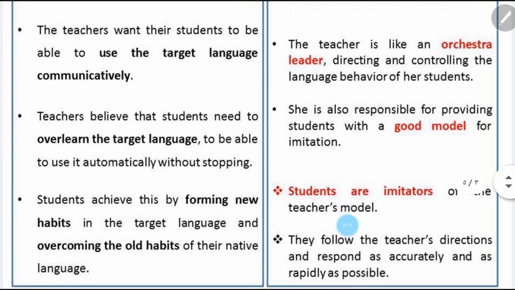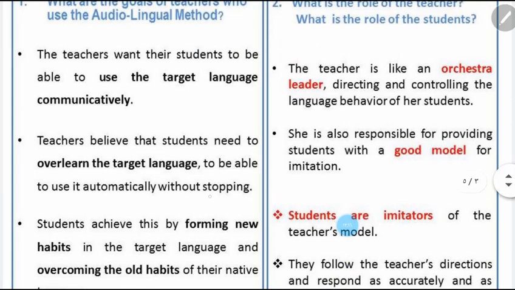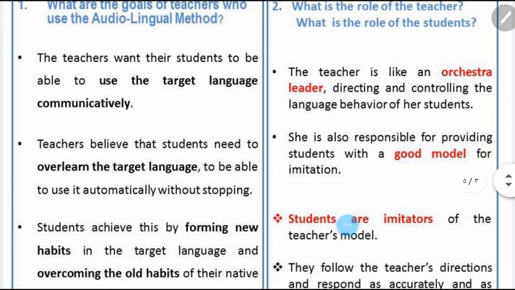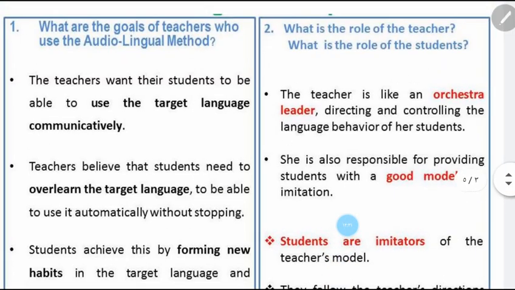And the students achieve this by forming new habits in the target language and overcoming the habits of their native language. So here we have these three points: communicate in the target language, overlearn it, and do that by forming new habits.